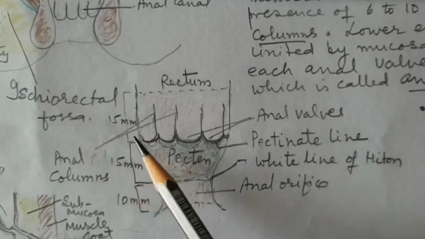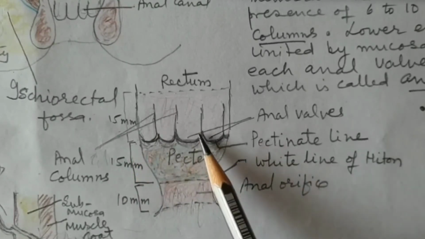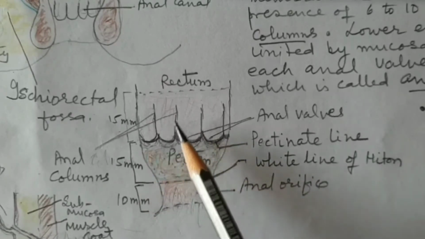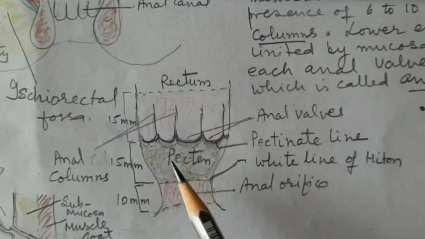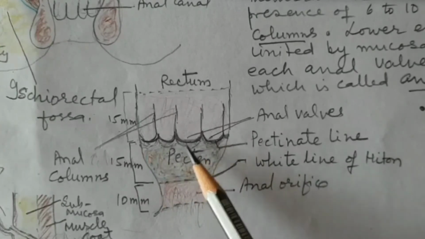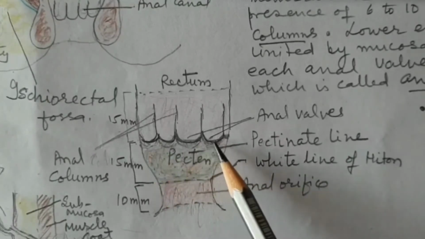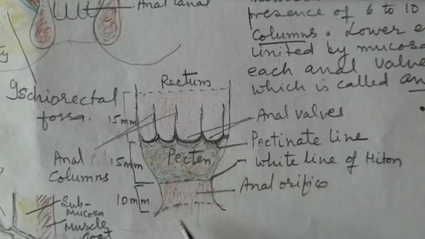Once again, 15 millimeters is the upper part, where you get the anal columns, which are vertical columns, and at their lower ends you will see the anal valves, and deep to them is the space called the anal sinus, where glands open. Then in the upper region of the lower part is the pecten, with stratified squamous non-keratinized epithelium, and then the anal orifice.